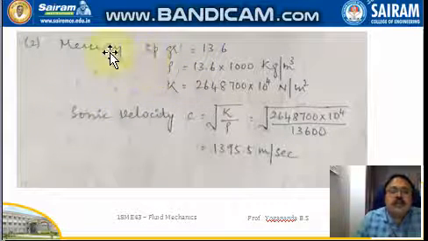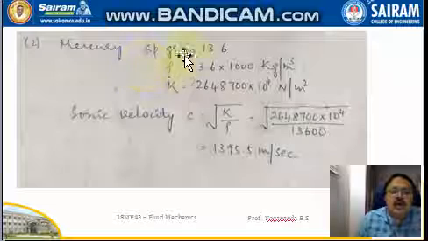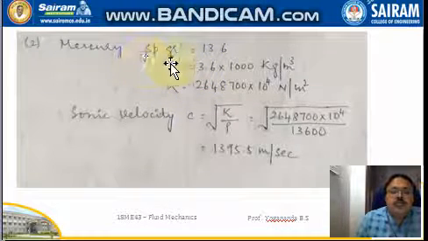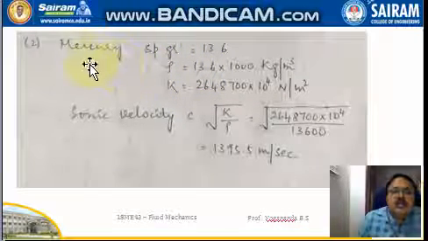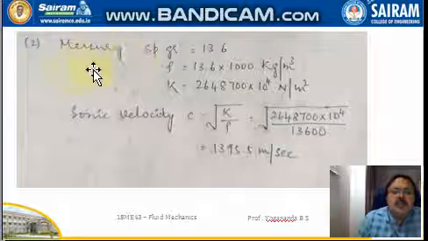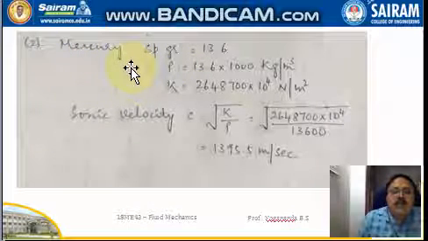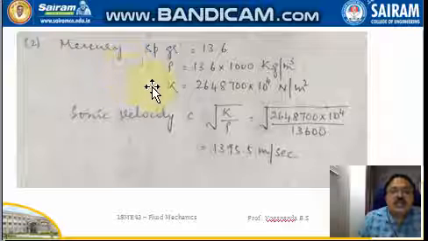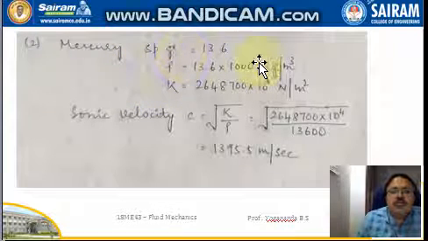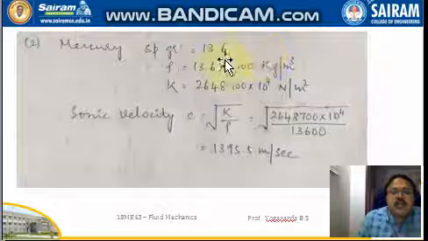The second part of the problem is on mercury. Even if it is not given in the statement of the problem, it is necessary to memorize, because mercury is the heaviest liquid which we know. So its specific gravity is 13.6, to be memorized.